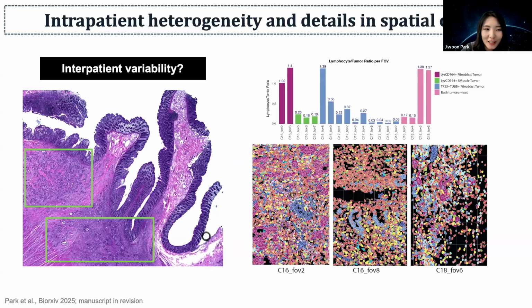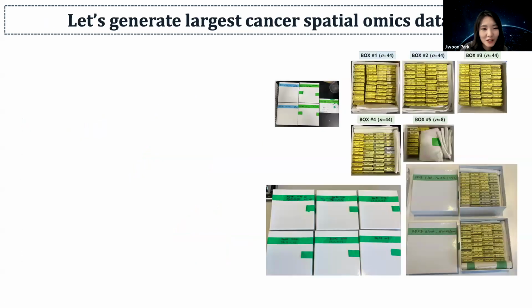And of course, looking at this intra-patient heterogeneity, we started asking, if you're seeing this much heterogeneity, what would the inter-patient variability look like? We also started trying to find a way to generate a large cohort of datasets or atlases to understand this better.